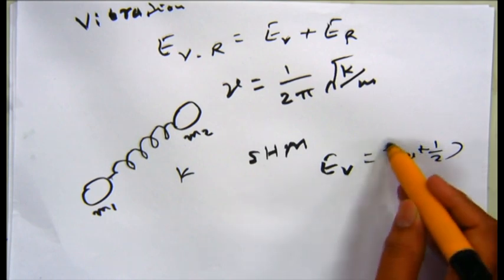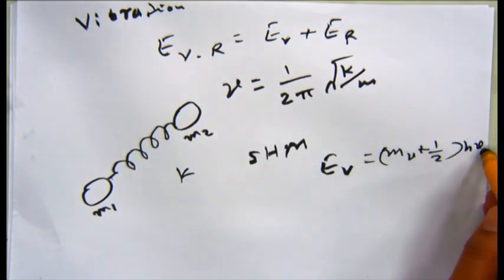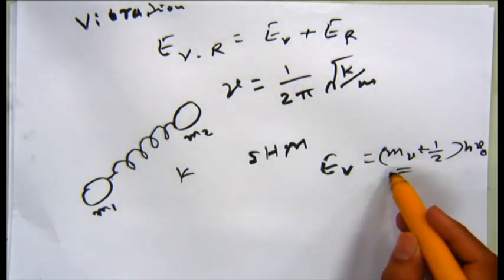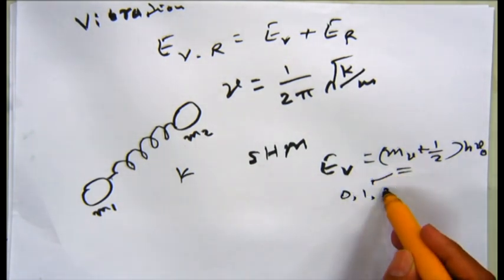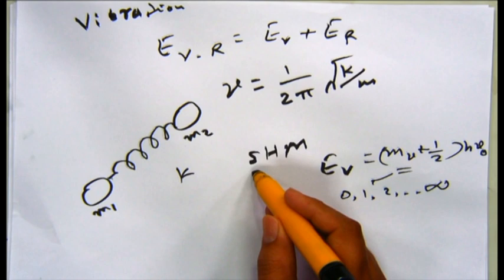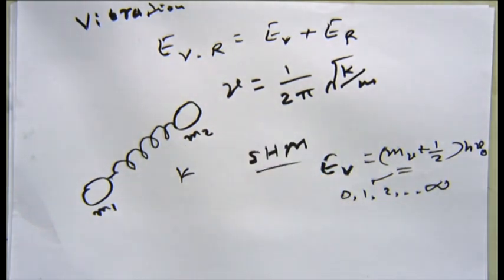Further, the vibrational energy EV is equal to (mV plus half) hν0. Here mV values start from 0, 1, 2 up to infinity; theoretically it is infinite. Here it is known that these atoms are making simple harmonic motion.